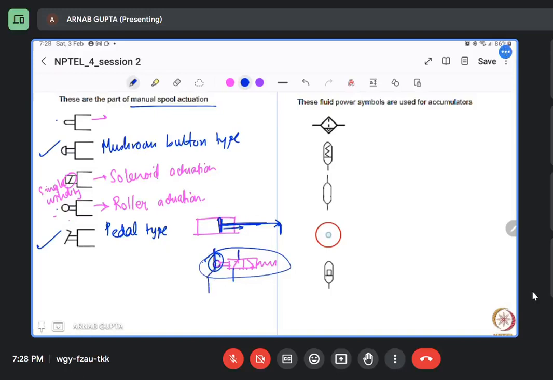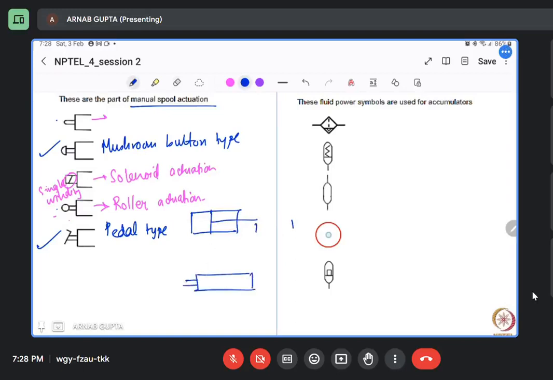Then it is denoted by this basically, like this. It will activate the flow from here. Okay, I'm just showing it in a better way. Suppose you have a double acting cylinder and a direction control valve.